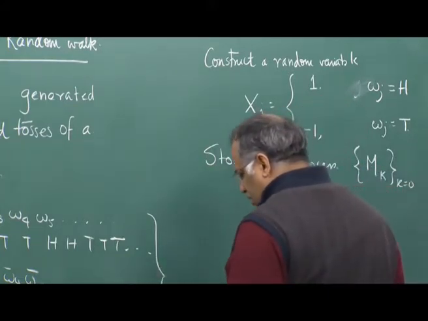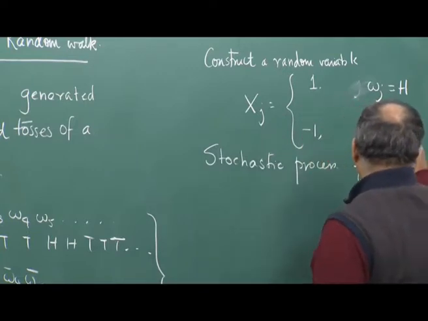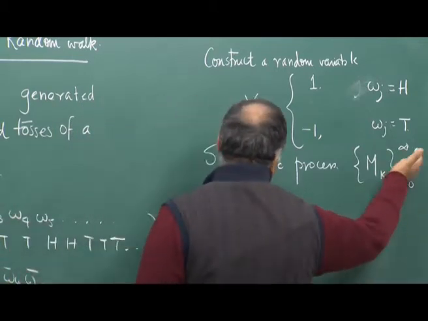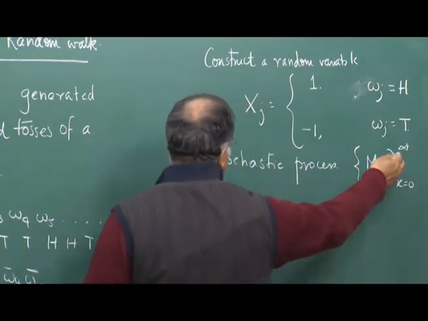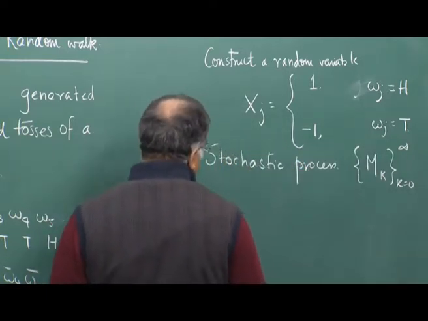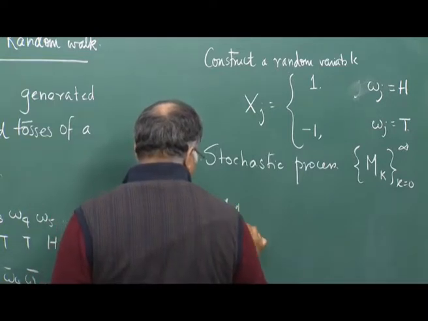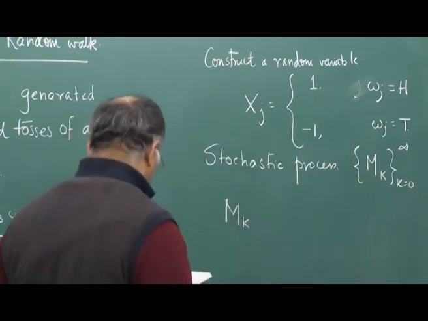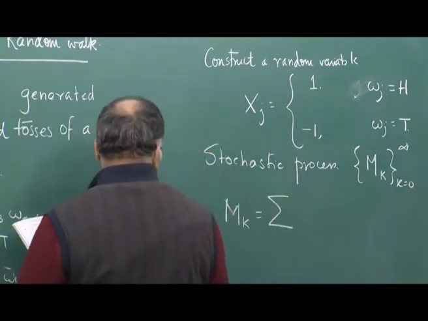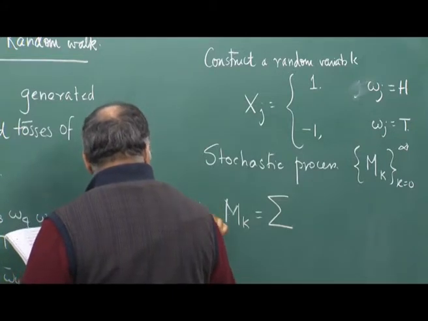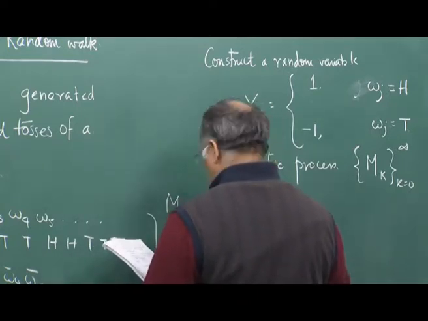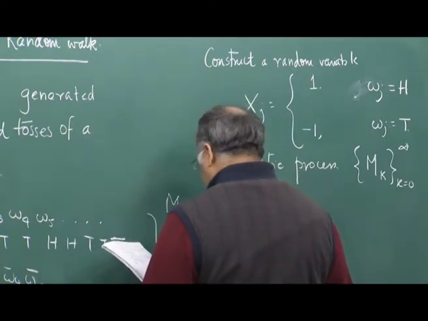We need not bother; we can also fix it up to some time, say k is 25 or 30, but in general it is alright to take plus infinity, just a sequence, where Mk is given as follows. Each of these Mk's is calculated by starting from M0 equal to 0, and Mk is equal to the sum from j equal to 1 to k of Xj.